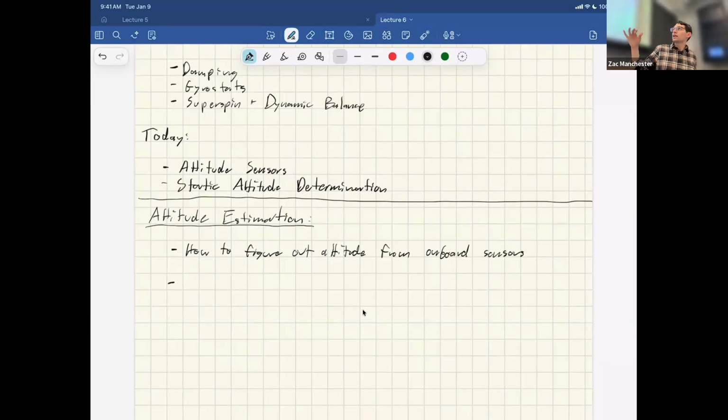But tied up in this, and I think slightly deeper, is a basic question of how to think about attitude statistically, which is a little bit subtle.